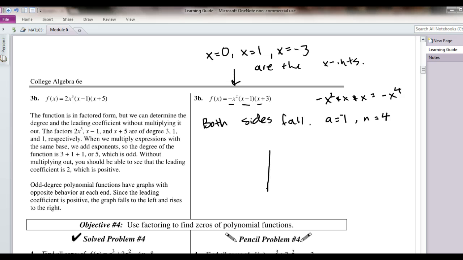So when you draw this graph, since both sides fall, we actually know there's something going on at x equals 1, x equals negative 3, and x equals 0. We know outside these points, both sides have to fall. And I can tell you that this graph actually will look like this, roughly.